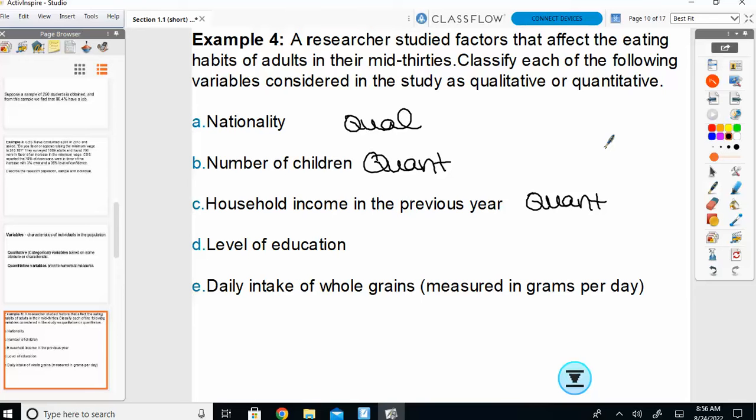Level of education. So that's like saying high school, associates, bachelor's, master's, doctorate. Daily intake of whole grains measured in grams per day.